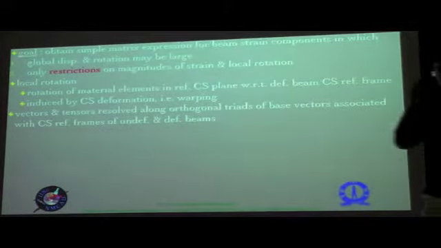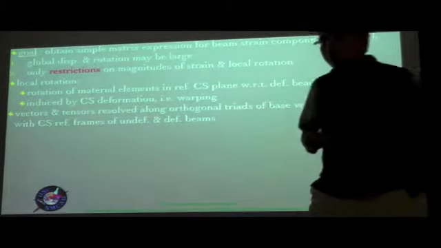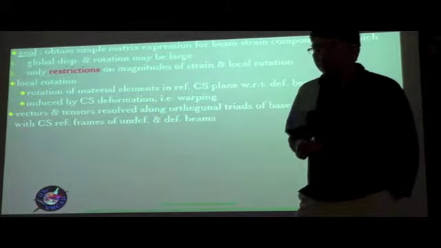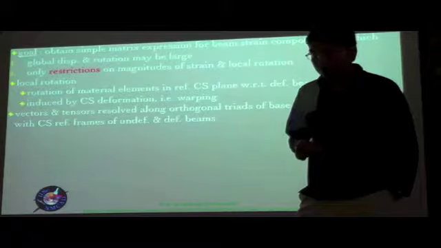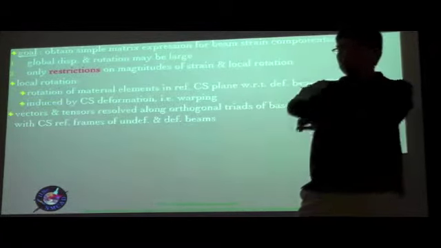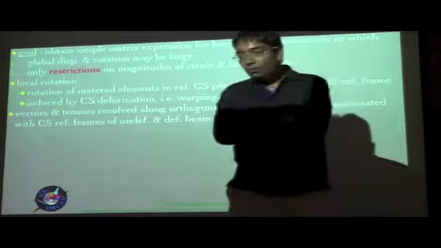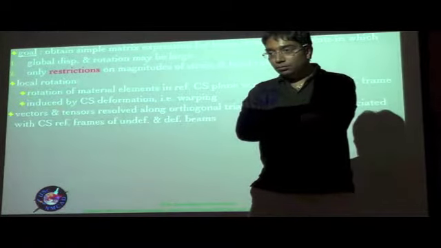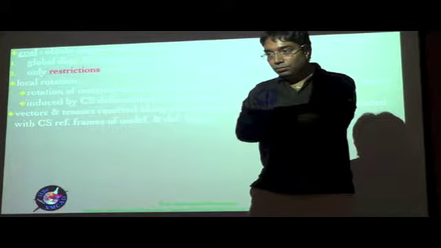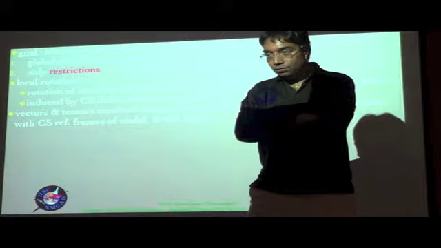So we talked about breaking up the warping again into average translations and rotations, and then separating out some portion of that as, let's say, second order warping. Then this restriction on magnitudes of strains and local rotation applies to the first warping that we did.